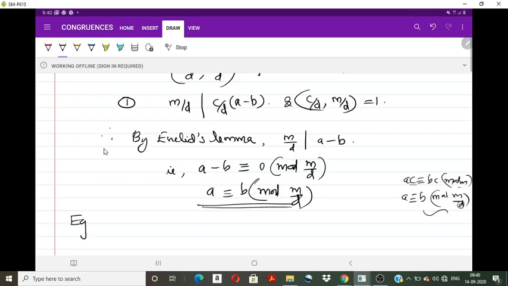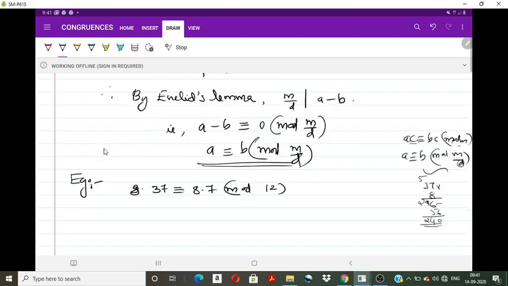So for example, consider 8 into 37 is congruent to 8 into 7 modulo 12. We can verify this. We know that 8 into 7 is 56, 8 into 37 is 296, and 296 minus 56 is 240, which is divisible by 12.